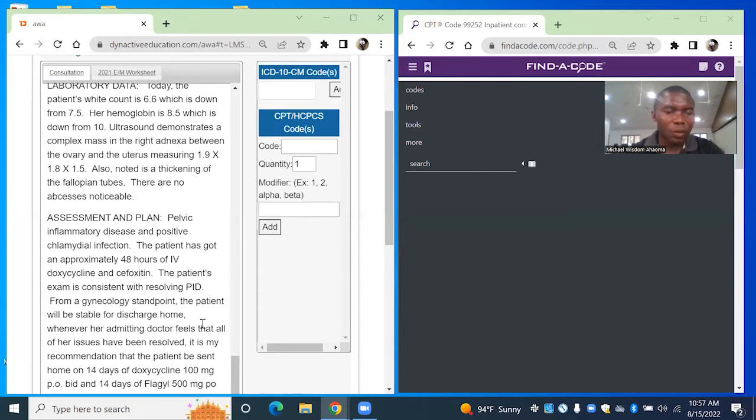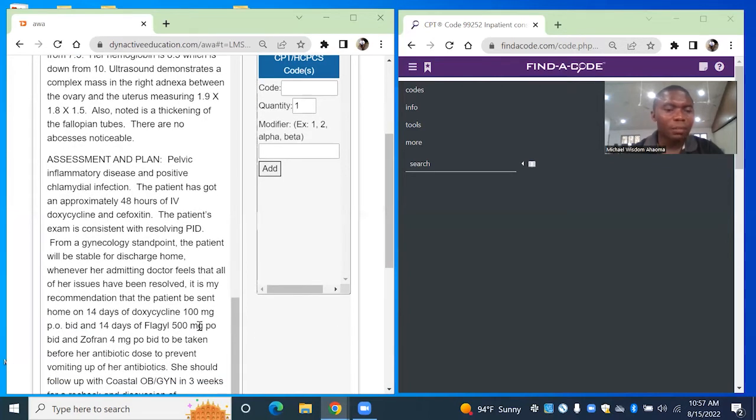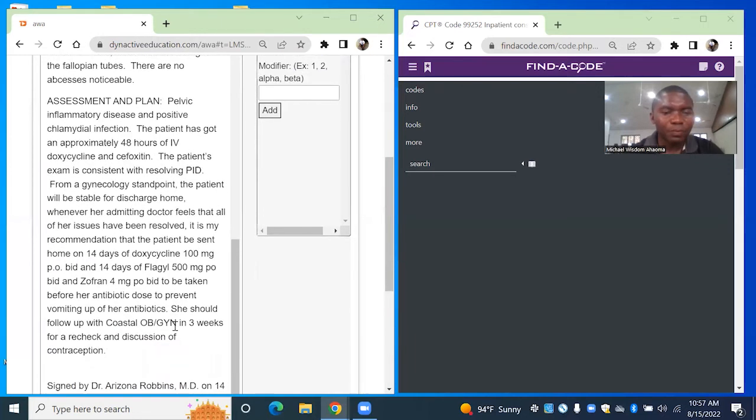It is my recommendation that the patient be sent home on 14 days of doxycycline 100 milligram prescription oral, and 14 days of Flagyl 500 milligram prescription oral, and Zofran 4 milligram prescription oral to be taken before her antibiotic dose to prevent vomiting up of her antibiotics.